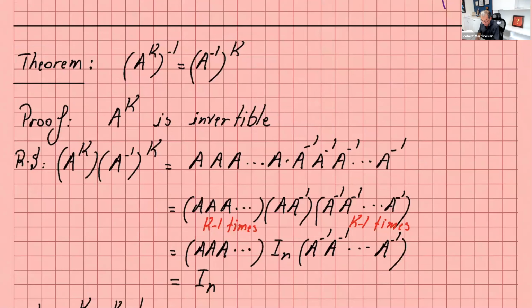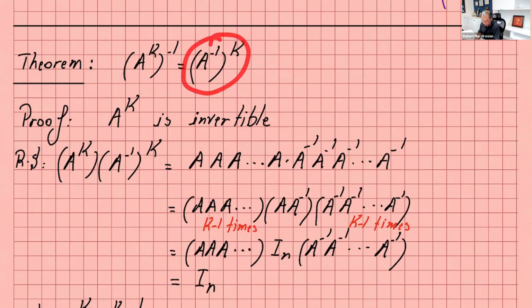Now let's go over this one. We're going to try to prove this one: (Aᵏ)⁻¹ is (A⁻¹)ᵏ. So first, we know that Aᵏ is invertible.